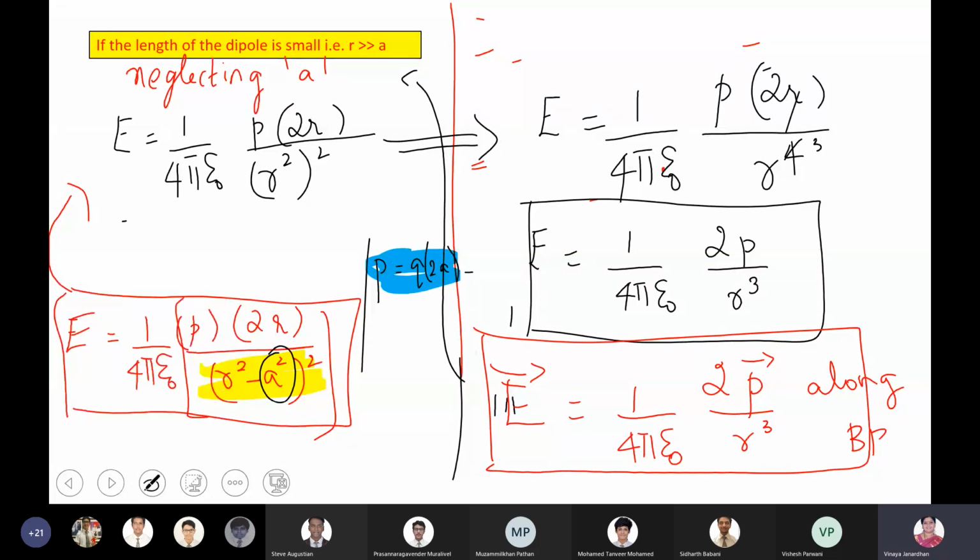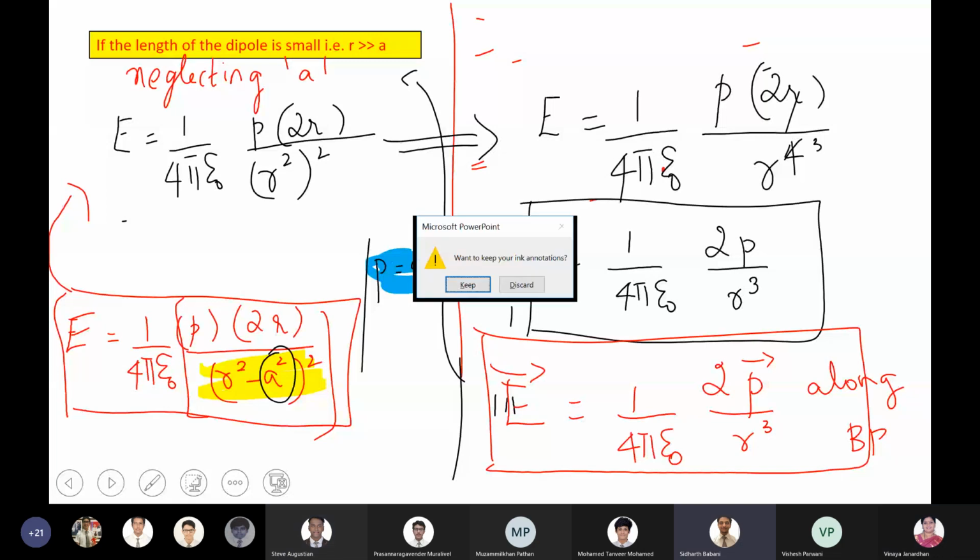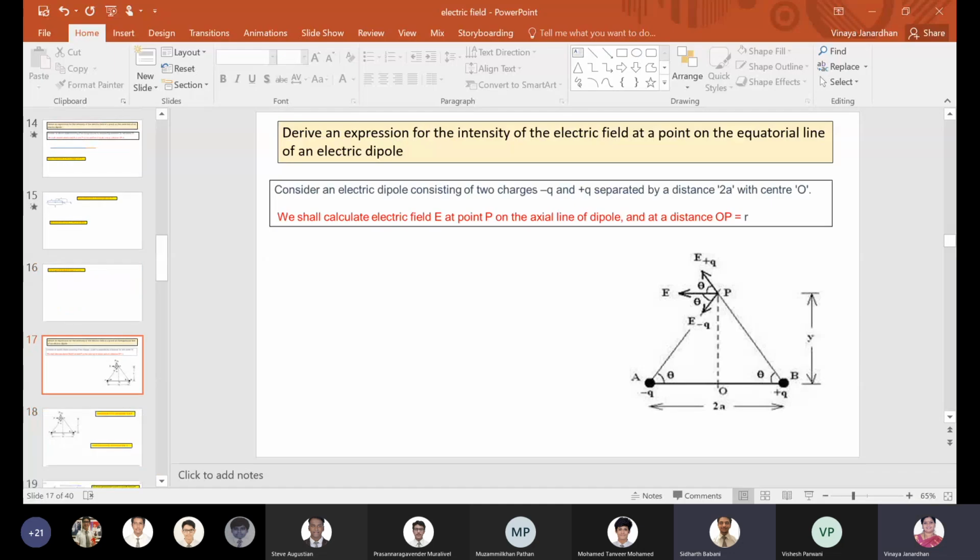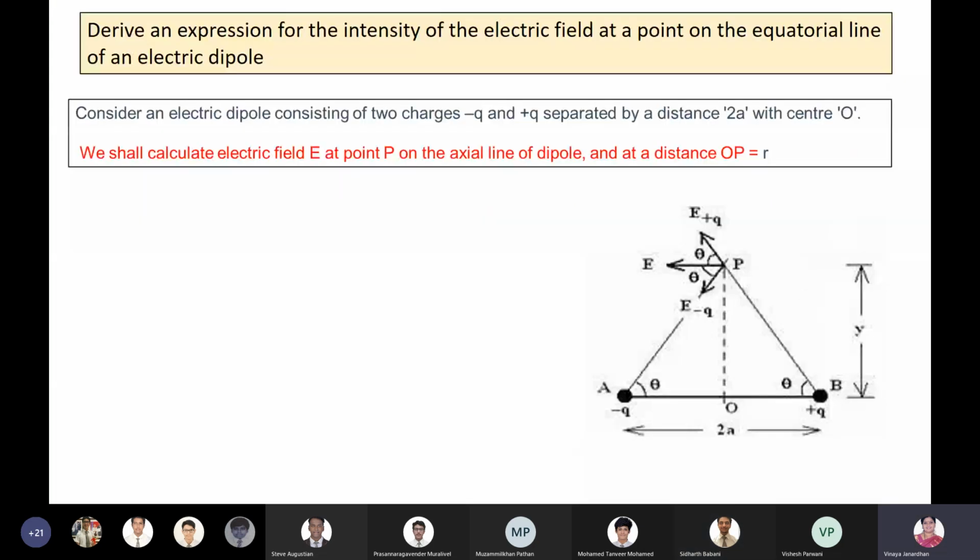Next one, at least the diagram part I'll start. Equatorial, boys, I'll just explain now.